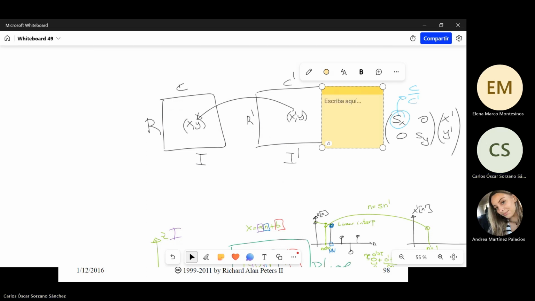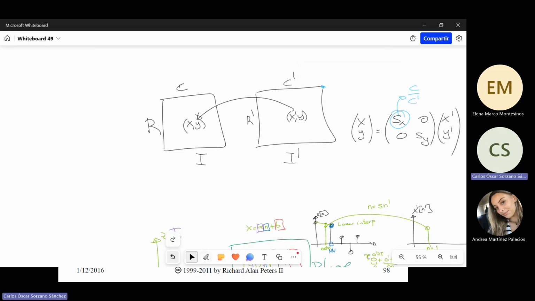This coordinate here will be R divided by R prime. Okay, so the -1 is just for the borders and so on, but this is not so important.